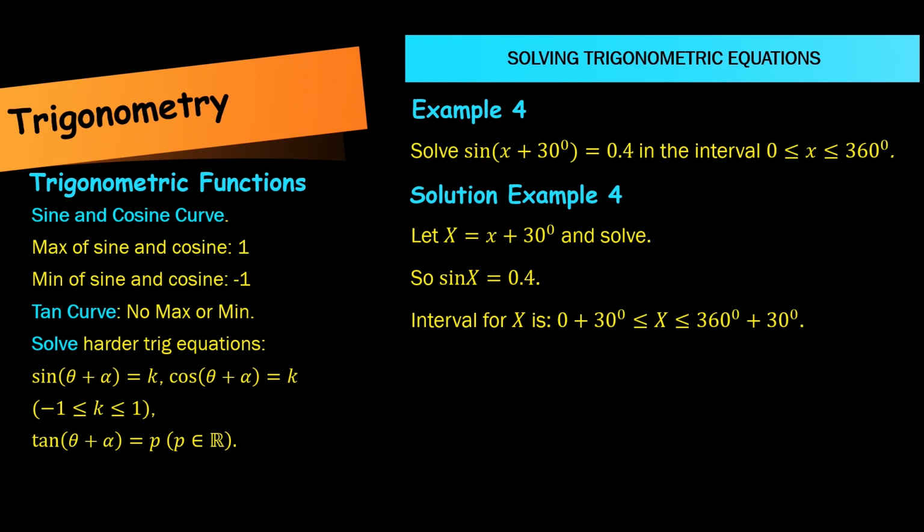Let's take a look at the interval for capital X. Since capital X is equal to little x plus 30 degrees, then we have the interval for capital X is equal to 0 plus 30 degrees to 360 plus 30 degrees.